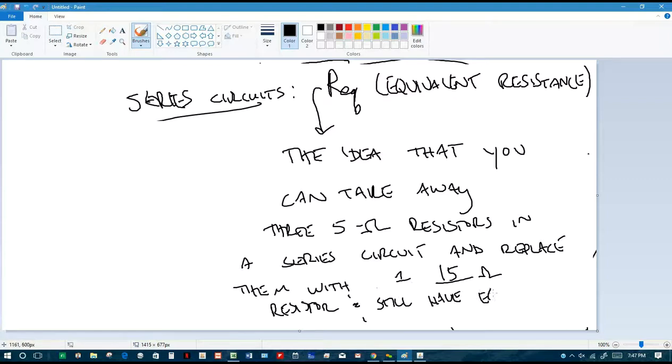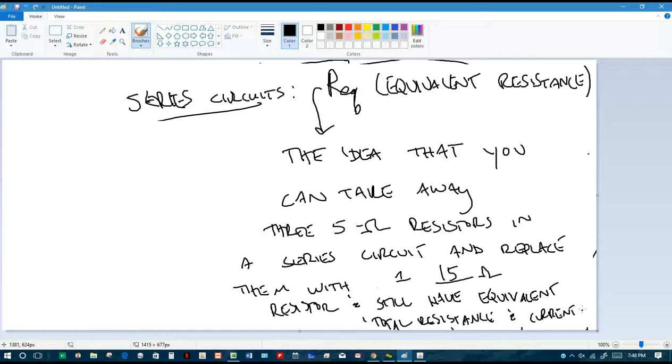And still have the equivalent, I'll use that word, total resistance and current, right? Those didn't change. So the idea is that you can take multiple resistors away and put one in its place so that the total resistance is still the same and there is no effect on the current.